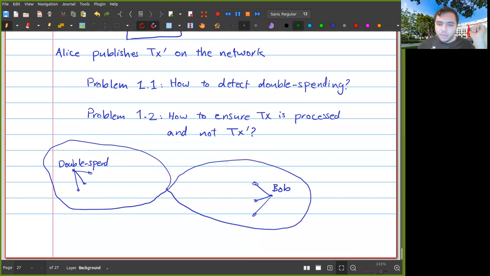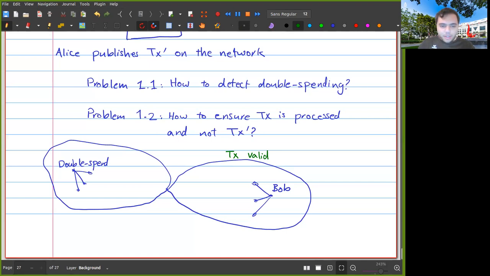So these nodes will consider the original transaction to be valid, and they will reject the double spend transaction and say, okay, this is a double spend because we've already seen another transaction that uses the same coin. So they will only have the original transaction in their mempool.